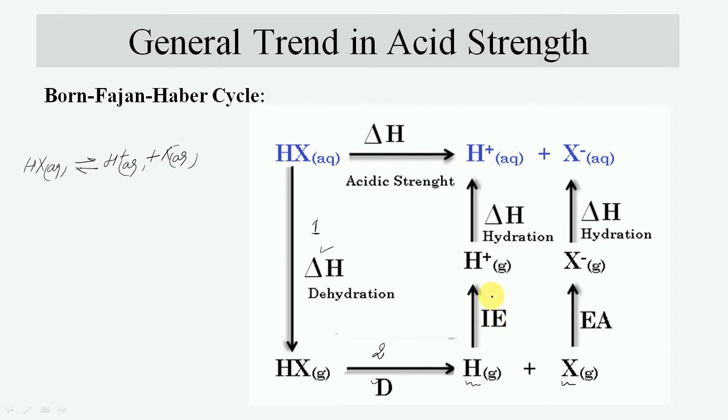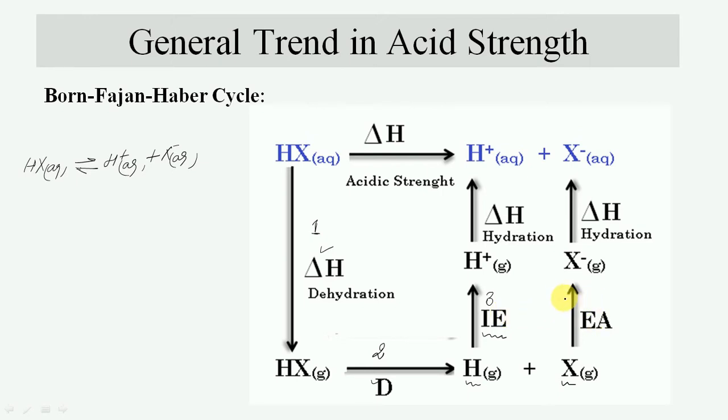Then step number 3, the gaseous H atom is converted into gaseous H plus. The amount of energy required to convert 1 mole of gaseous H atom to gaseous H plus is called ionization energy and represented by IE.